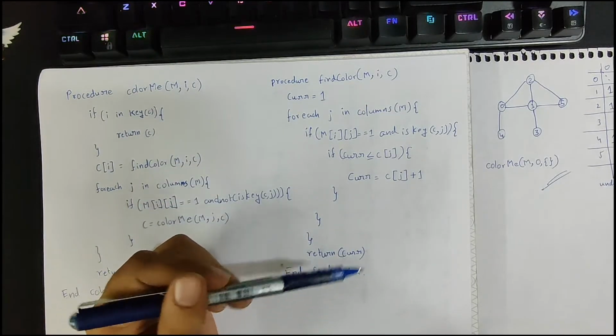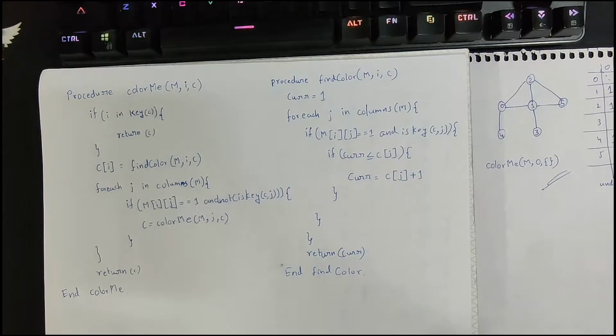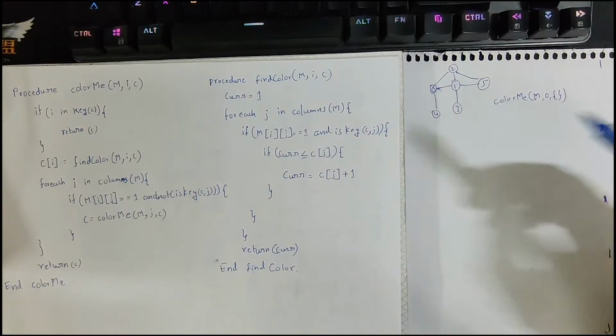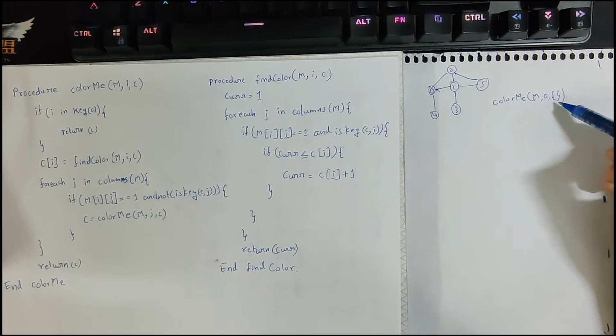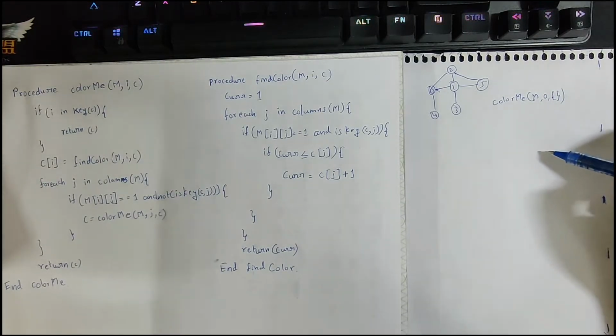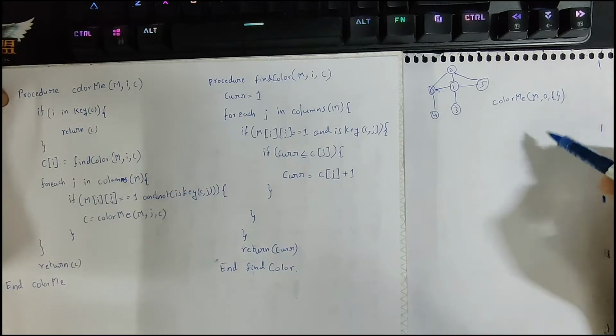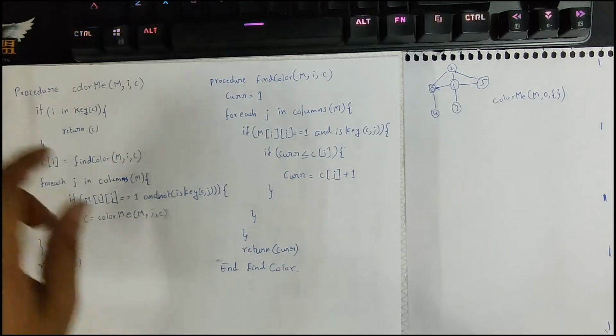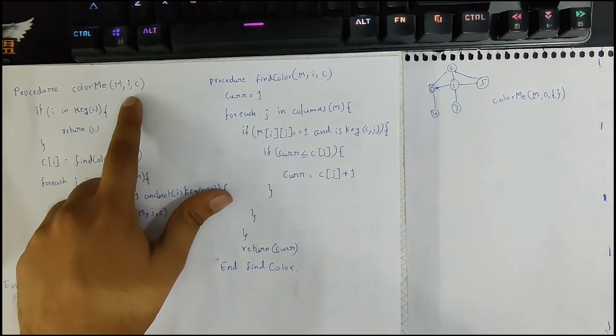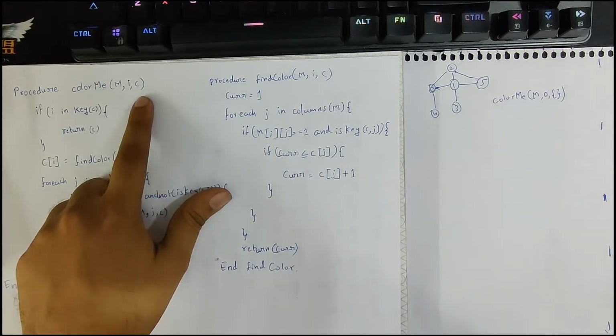So let us start working with the given data set. So this is the graph we are given, and we are starting from vertex 0, color me of 0, and with an empty dictionary. So if you look here, color me of M, I is 0 and C is an empty dictionary.